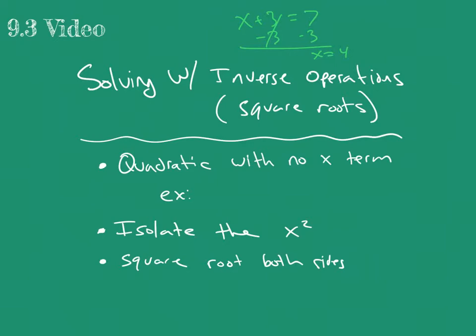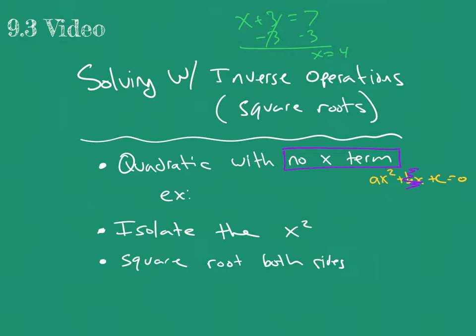So we use this for a quadratic equation, and just to remind ourselves, a quadratic equation is when I have ax squared plus bx plus c equals 0. Except specifically here, we're looking at quadratic equations that have no x term. So now I'm getting rid of the bx part.